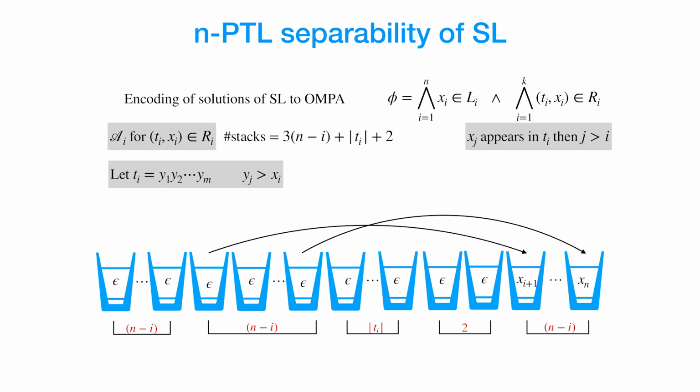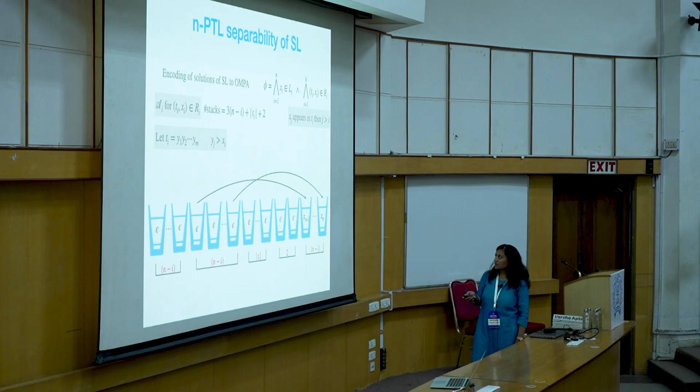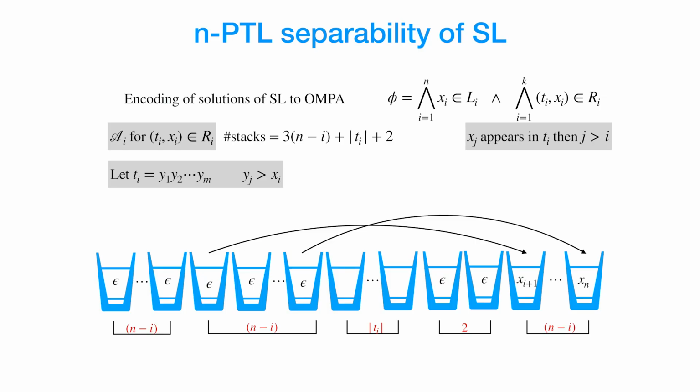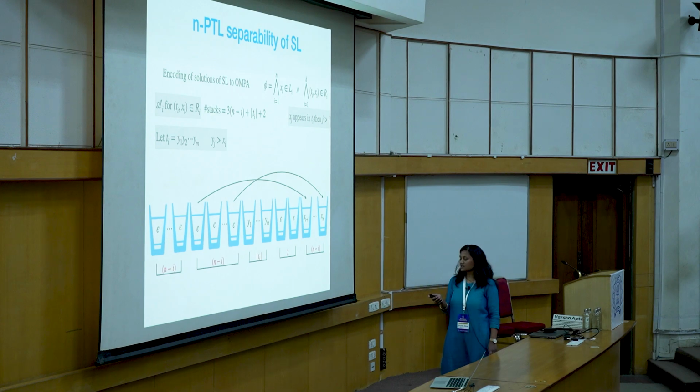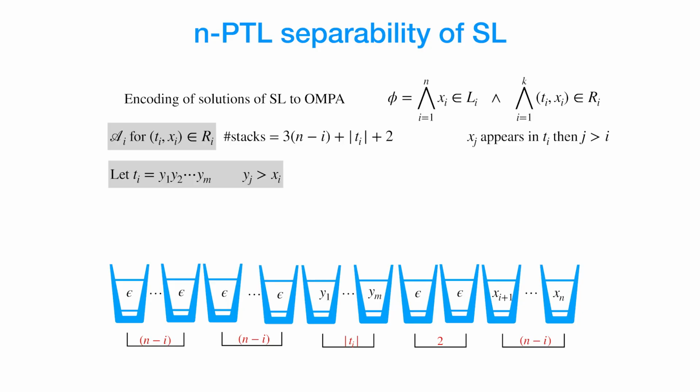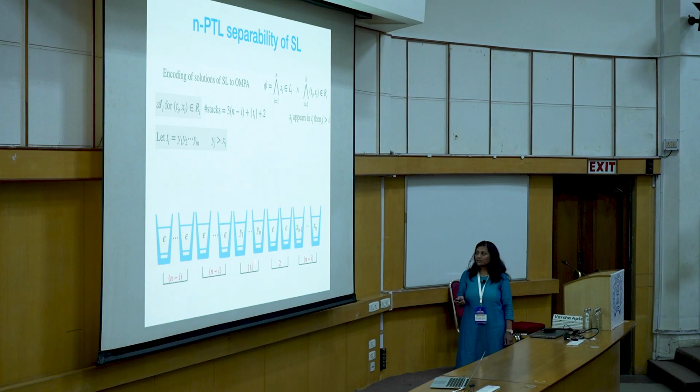First we popped and pushed the elements from the n minus i stacks to the last n minus i stacks, and in parallel we have also updated these ti stacks, which will contain the input to generate xi, because xi is only dependent on variables which are higher than xi in the index. So this way we got the valuation of ti in this third set of stacks.